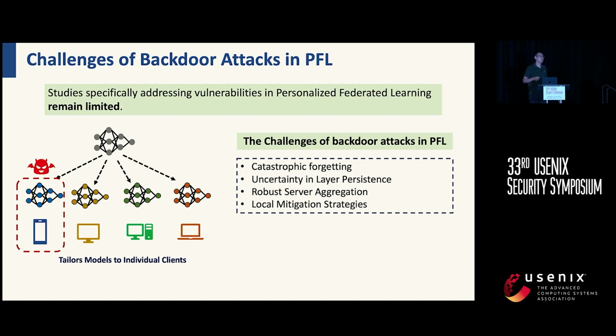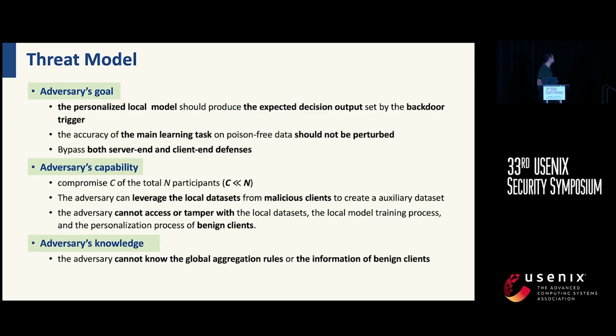It is possible that only part of the model parameters are aggregated, so it is not clear how the backdoor effect is affected for those personalized parameters. Finally, we also have defense mechanisms at the server and the clients. So it is considered a difficult problem to inject a backdoor in PFL.